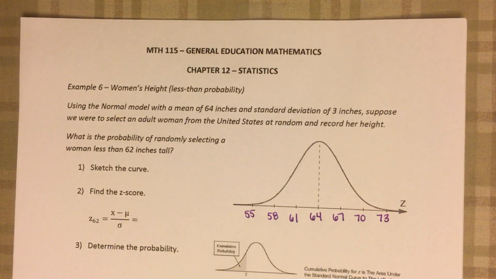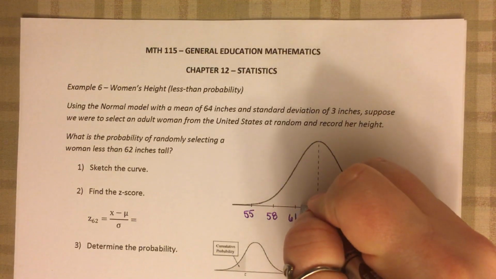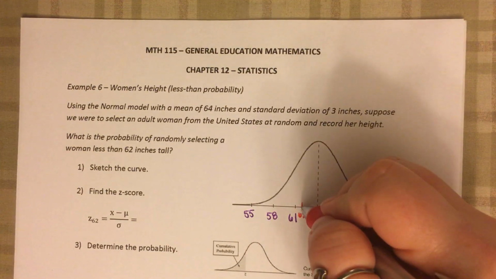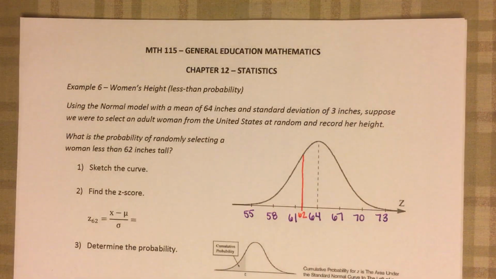All right, now our question says, what is the probability of randomly selecting a woman less than 62 inches tall? If we were to think about this, 62 would be right about here on our graph. So we are going to draw a vertical line that extends up from that value of 62.